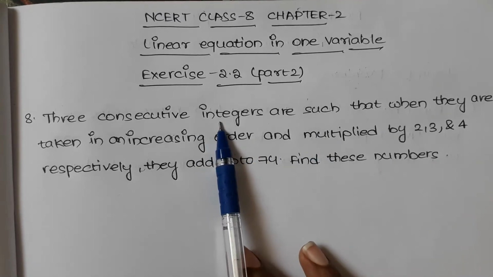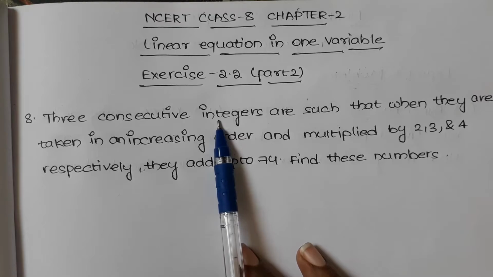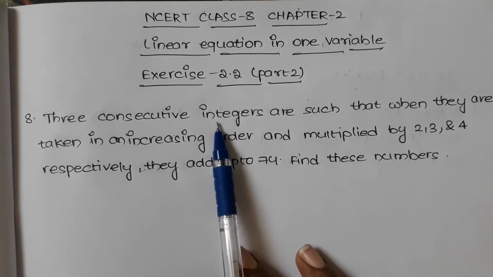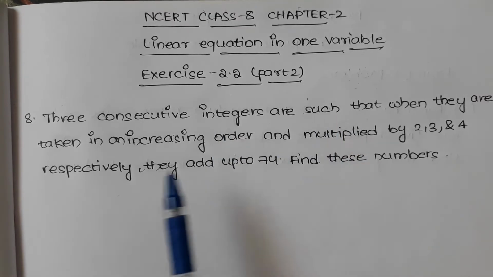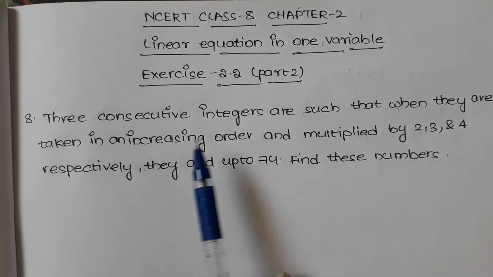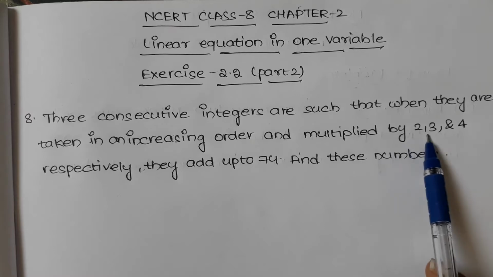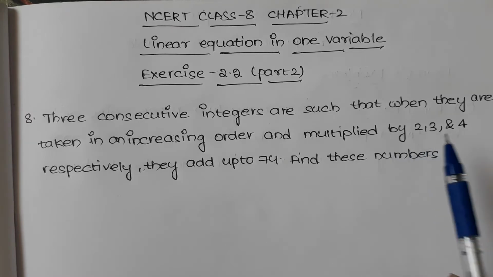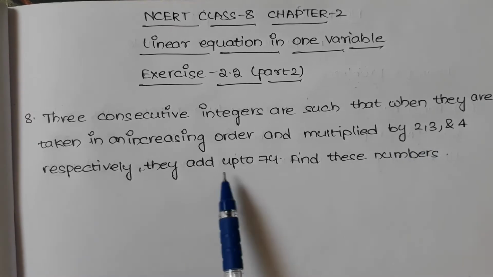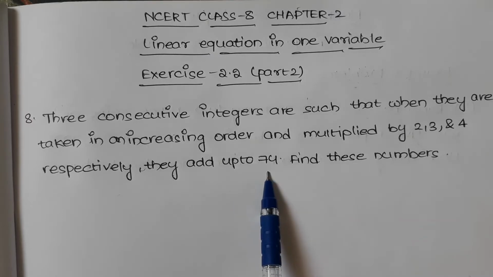Consecutive integers are integers that are side by side, and they are such that when they are taken in an increasing order and multiplied by 2, 3 and 4, and we add these, the result will be 74, and we should find those numbers.